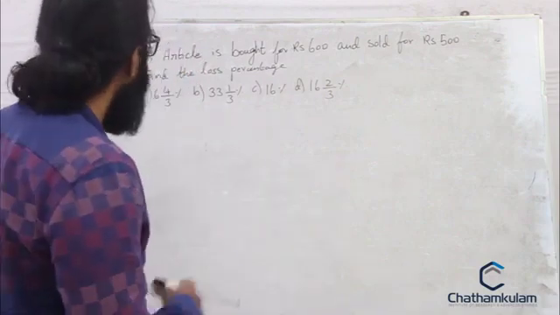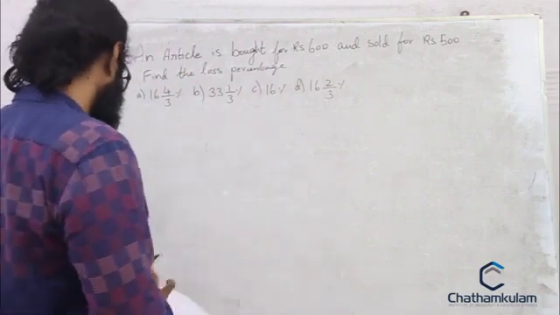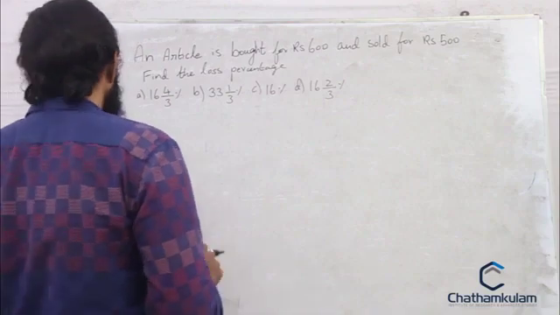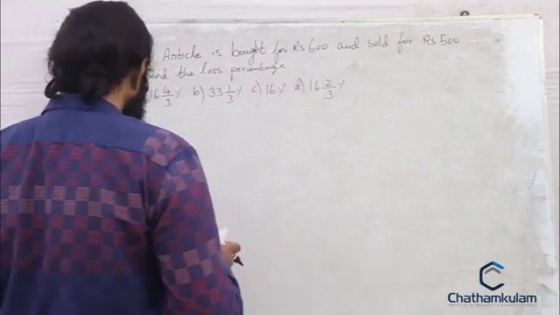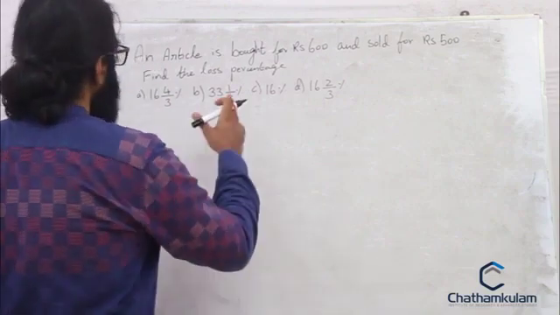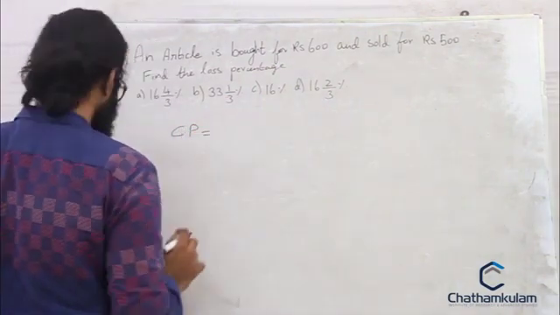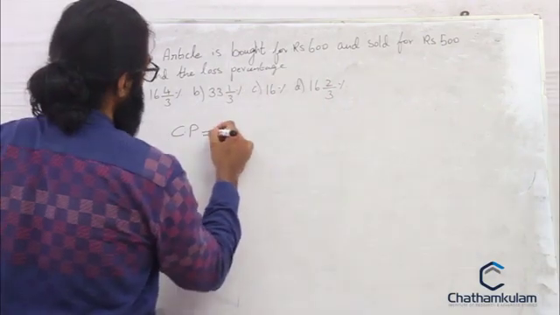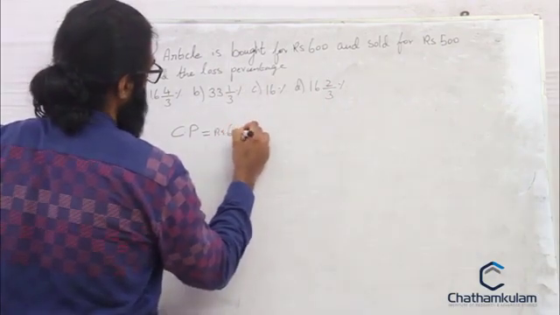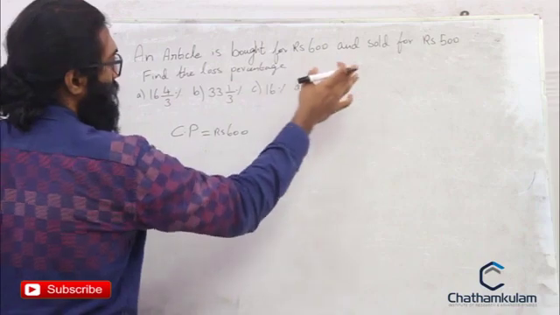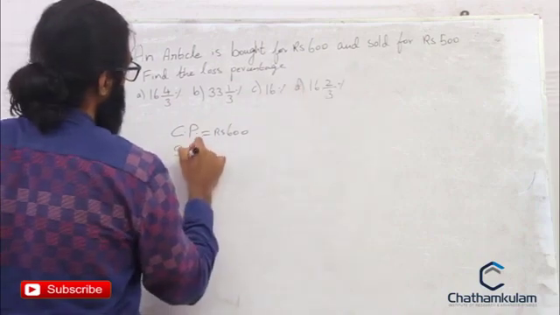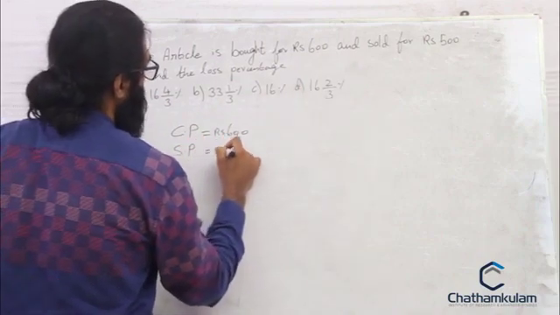We have 4 options here. So first we can write, what is CP here? That is, cost price is equal to rupees 600 and selling price, that is SP, equals rupees 500.